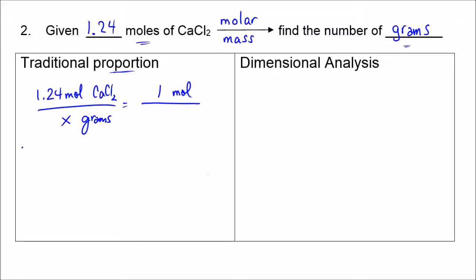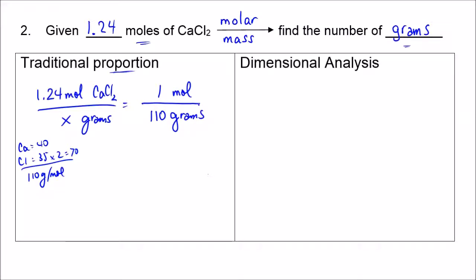Calcium, let me do this note in the margin here, Ca equals 40, and Cl equals 35 from the periodic table. But we multiply by 2, so that's 70. So the total is 110 grams per mole. All right, so that's my conversion factor. That's my ratio. 1 mole is 110 grams.